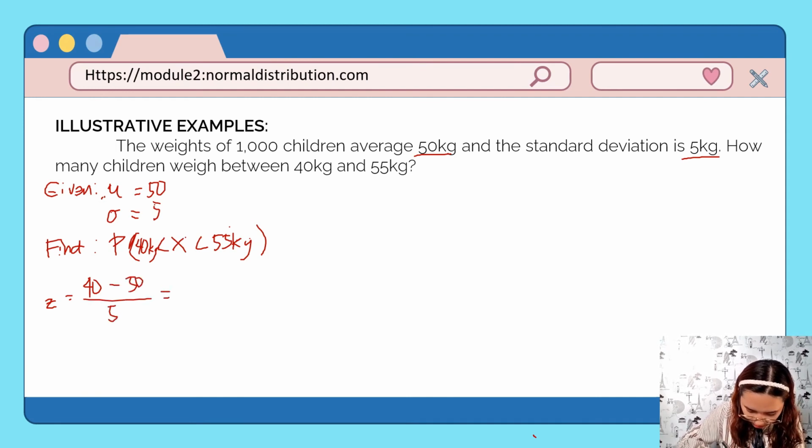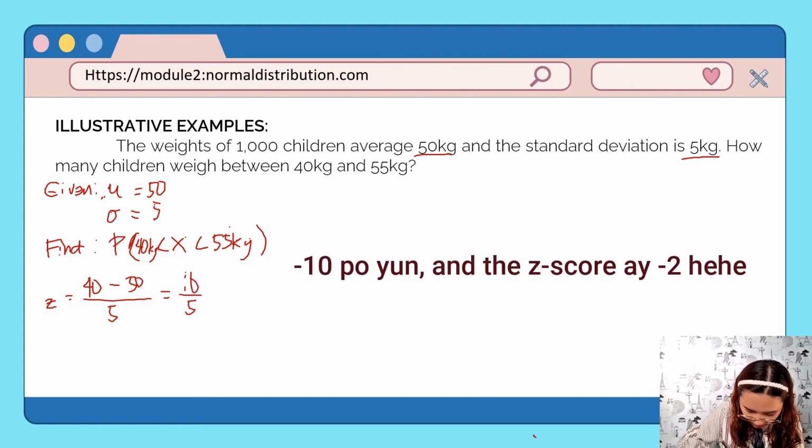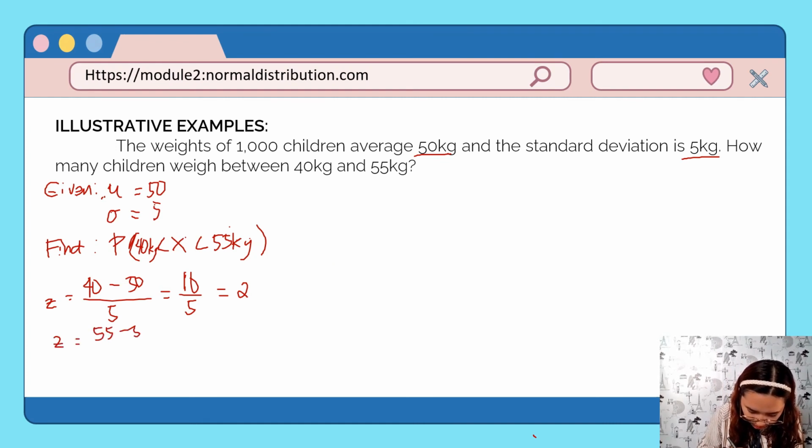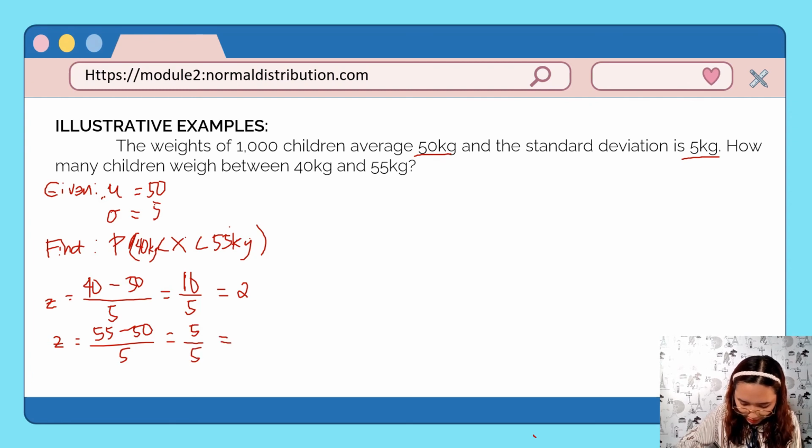That will give you negative 10 over 5 or equal to negative 2. So, negative 2 yung ating 40 kilogram. How about yung 55 naman? 55 minus 50 over 5, that is 5 over 5, which is 1. So, 1 naman yung 55 kilogram natin.